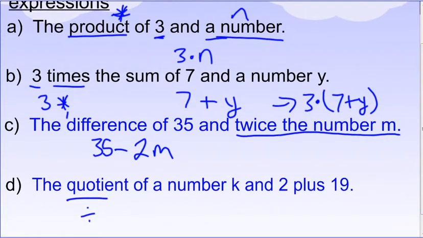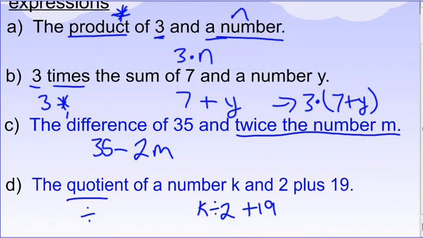Quotient, divide, of a number k and 2 plus 19. So the quotient of a number k, so I'm dividing k and 2 plus 19. The quotient of a number k and 2 plus 19. So that is how you're changing these word problems into expressions.